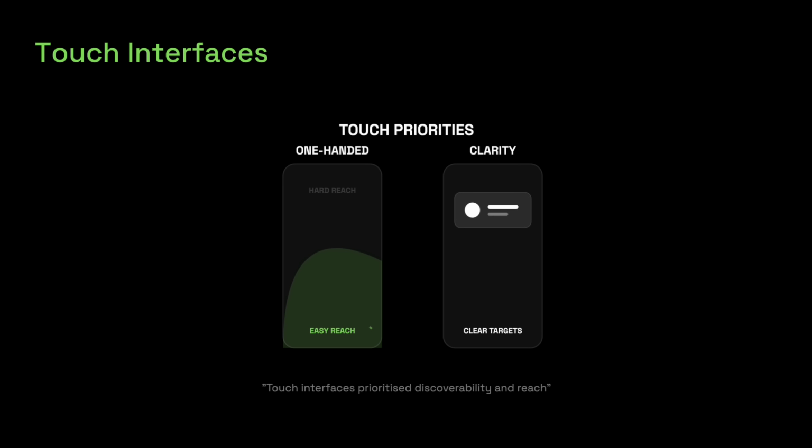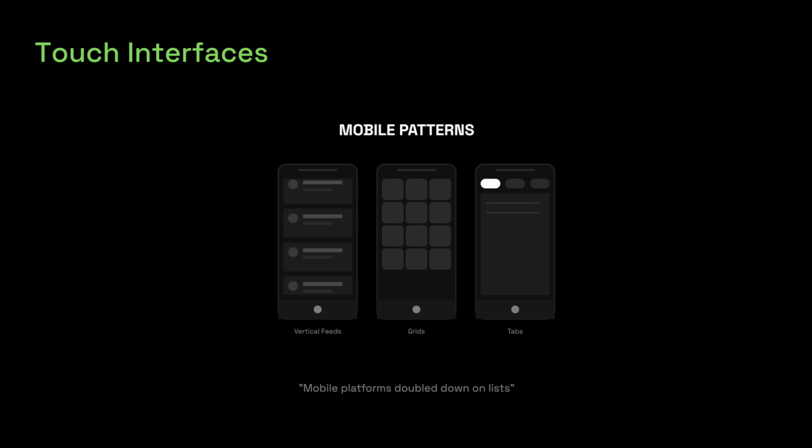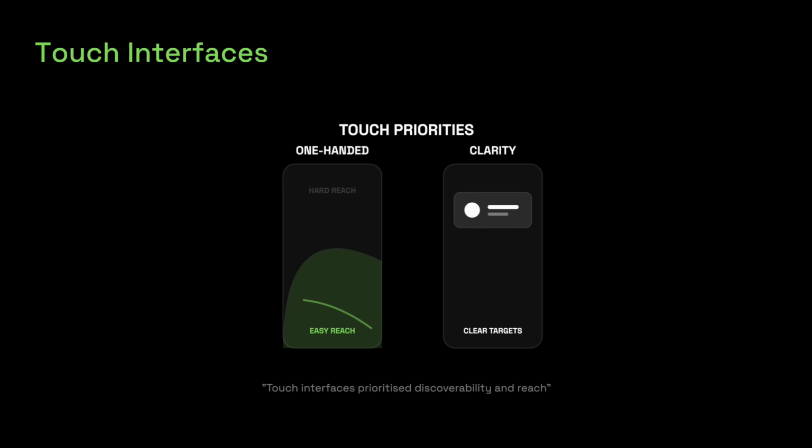Mobile platforms doubled down on lists, grids, tabs, and long vertical feeds. This was not a lack of imagination necessarily. Touch interfaces prioritized discoverability, clarity, and low learning cost. They needed to support infrequent use, one-handed interaction, broad accessibility.